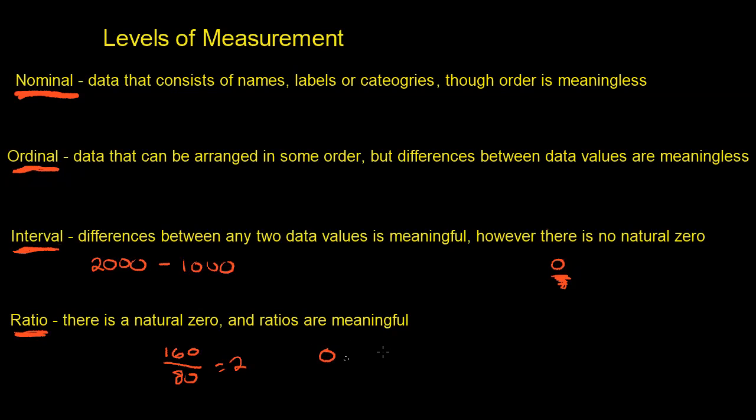We know what 0 pounds means. It means it doesn't exist, right? It has no weight, right? So something can have no weight, and so that's why weight is a ratio. It's a ratio level of measurement.